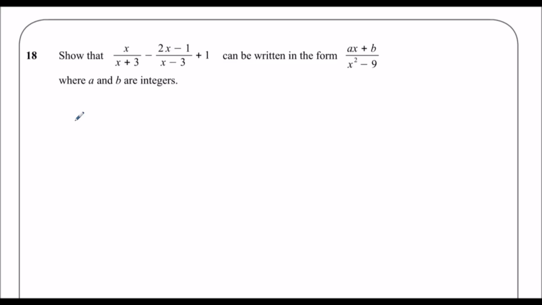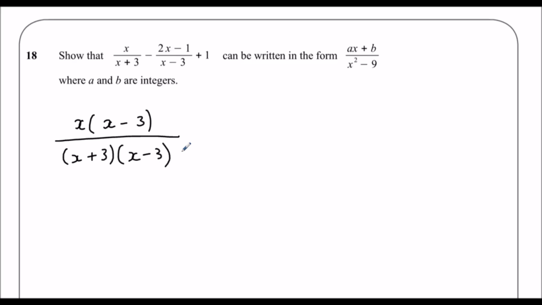So for our first fraction, we're going to times the top and the bottom by x minus 3. And that will make the denominator x plus 3 times x minus 3. For our second fraction, times top and bottom by x plus 3. So then they have the same denominator.